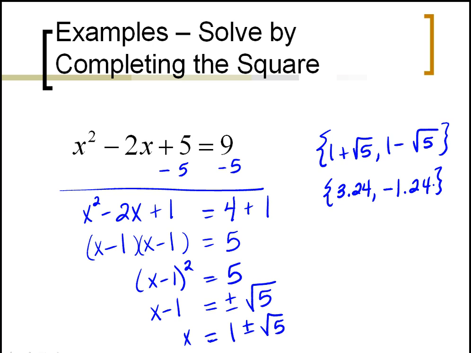Now, you would not write those answers in MyMathLab unless it said to enter the approximated values. But just to solve, you're going to enter these exact values. But you can check the 3.24. If you plug it in and square it, subtract 2 times that value and add 5, you're going to get approximately 9. The same thing with the negative 1.24.